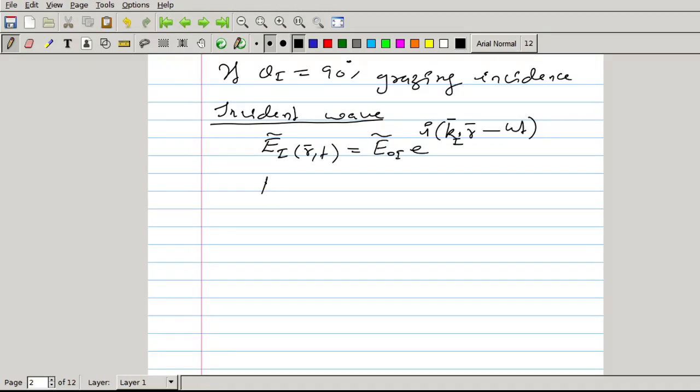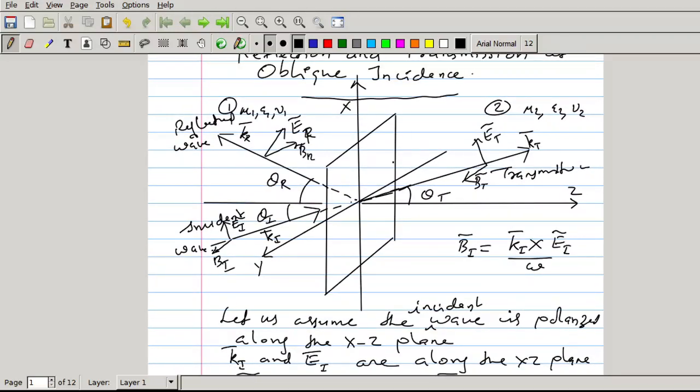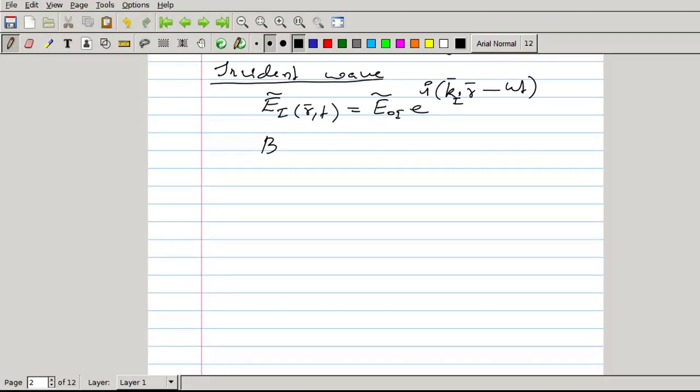Then the magnetic field vector we cannot write as x cap or y cap, since it is inclined. The electric field vector is not along the x direction, it is inclined with the x direction, so that direction we take as n cap.